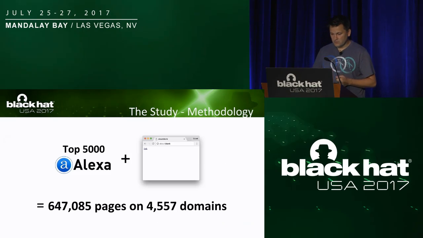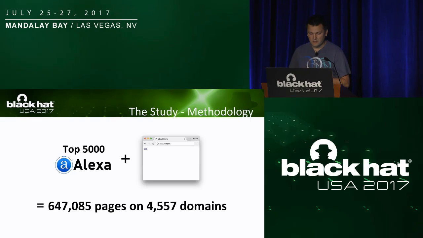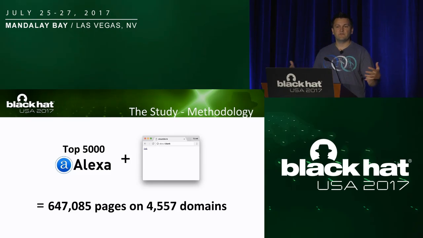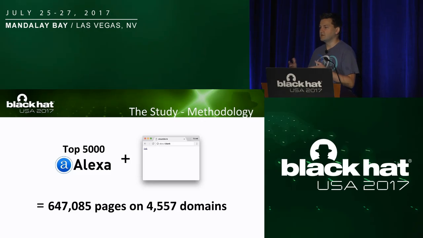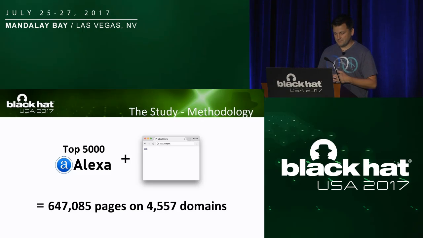And then what we did is we ran this tool on the Alexa top 5,000 websites, and we built a crawling extension for our Chrome and Firefox browsers, and basically just crawled all the top 5,000 URLs and the first level links. So all the URLs that we found, and these links could either be located on the main domain or on any sub or super domain of this page.